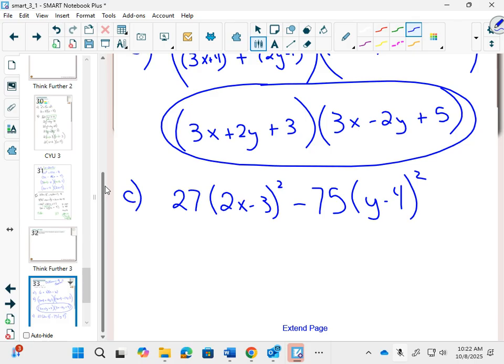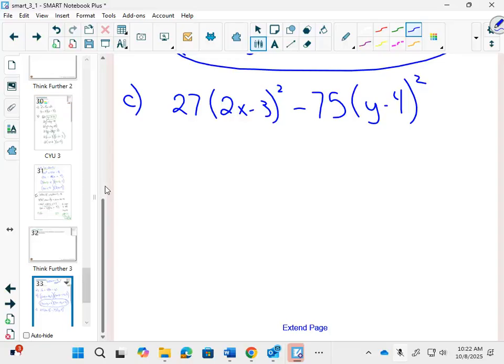Okay? If they add extra stuff, that's hard for our brains, right? It gets busy. Things that are busy for our brains make it a little bit more challenging.